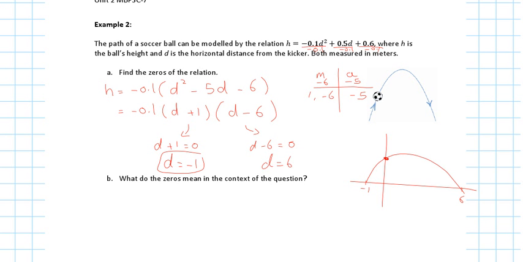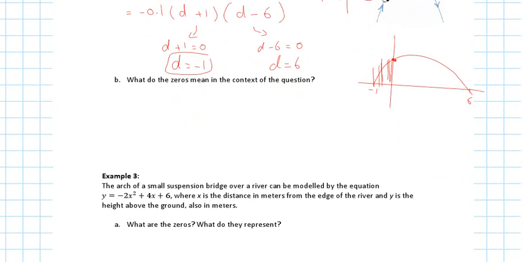But the ball is not behind me because I can't kick it from behind me. It wasn't on the ground. It was somewhere in the air, okay? So in this case, I have to omit this part. So when is the ball touching the ground? 6 meters away from the kick, right? So sometimes you have to be careful with your answers, okay?